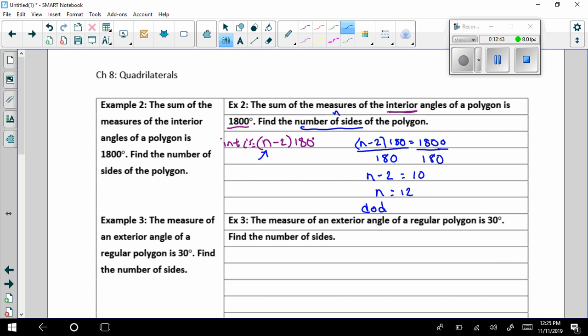So this is a dodecagon, 12 sides. So if you have a 12-sided figure, which I don't think I can draw successfully here, then all of the angles will add to 1800.